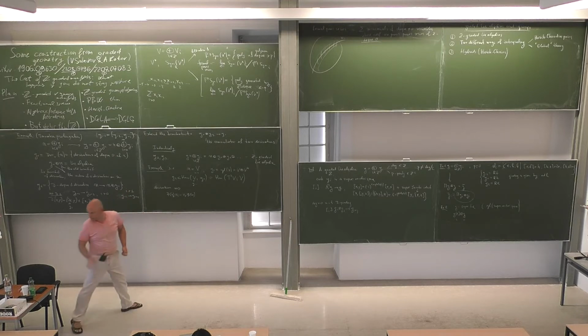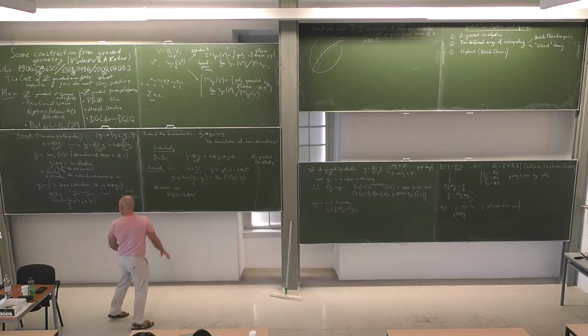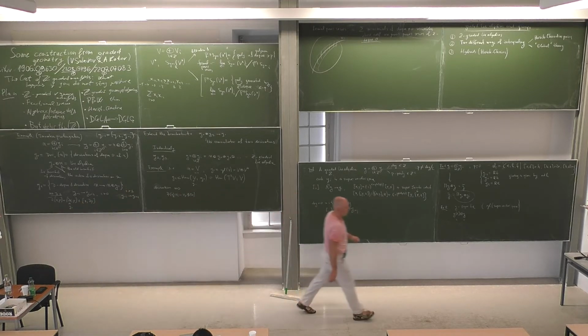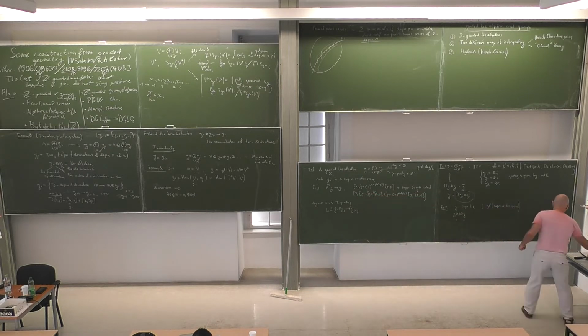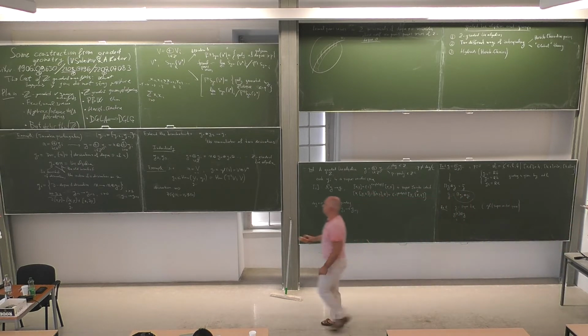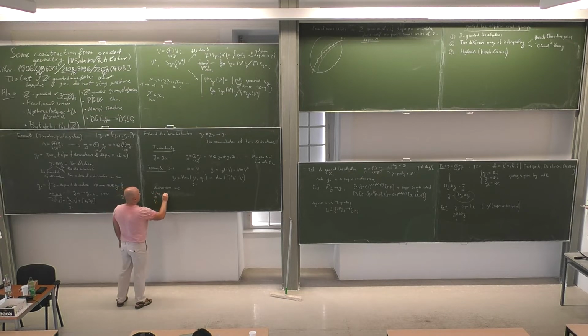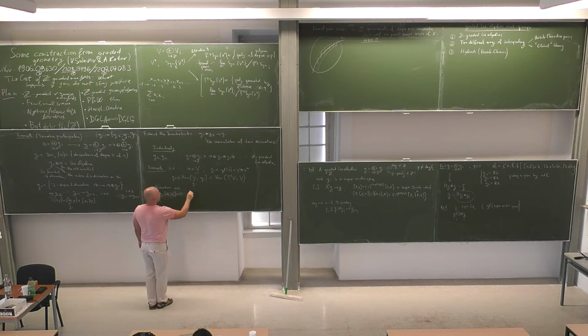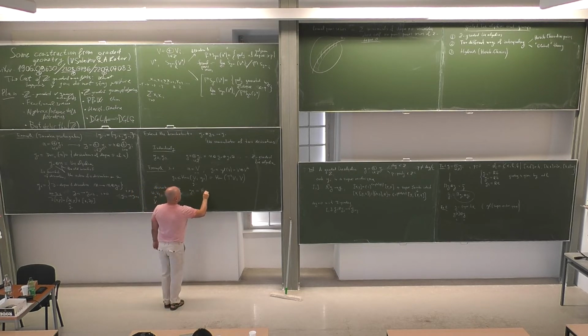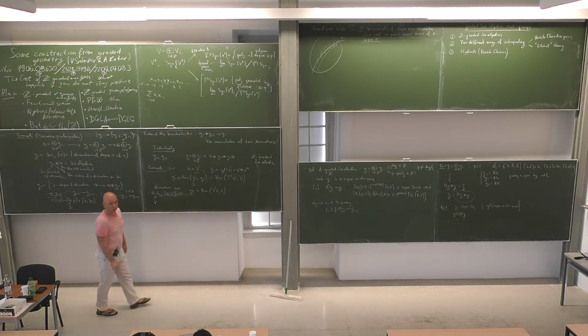I'm sorry, it's not correct. Anyway, it's a simple exercise to see that the property that for every V1, V2 from V the bracket gives 0 immediately implies that g1 equals homomorphisms from S2 V to V. So it must be symmetrical.